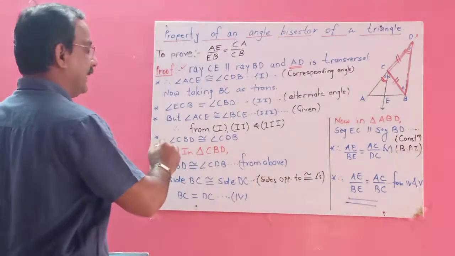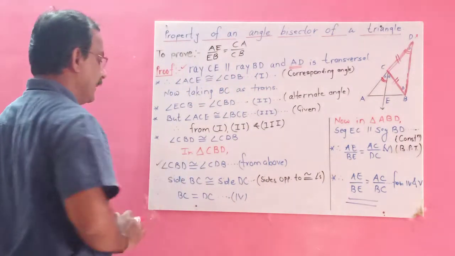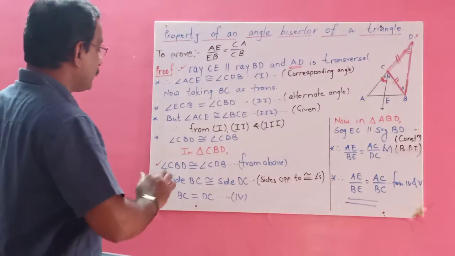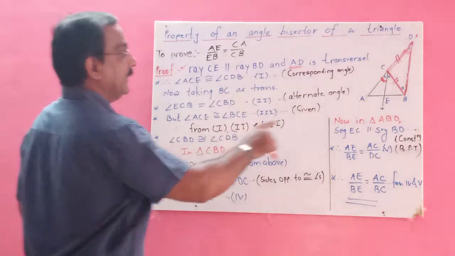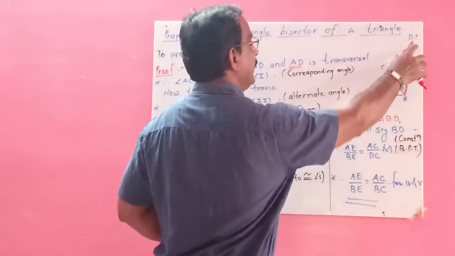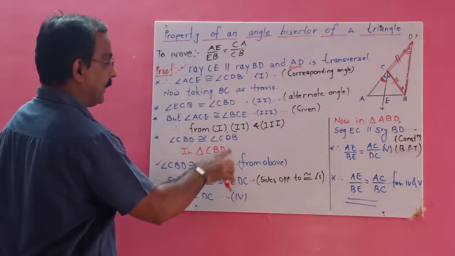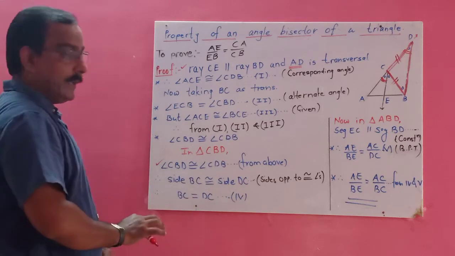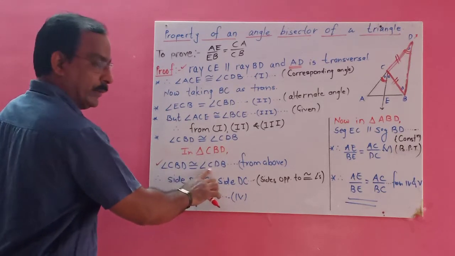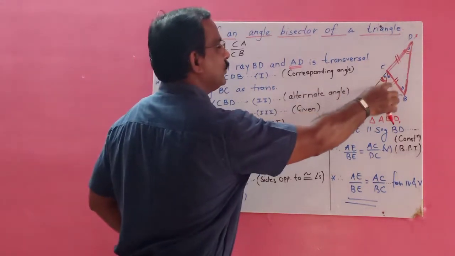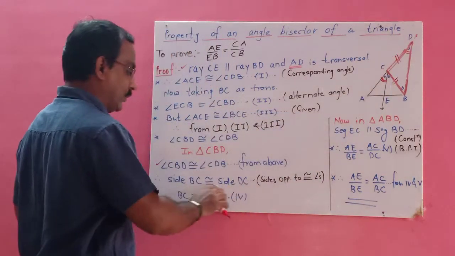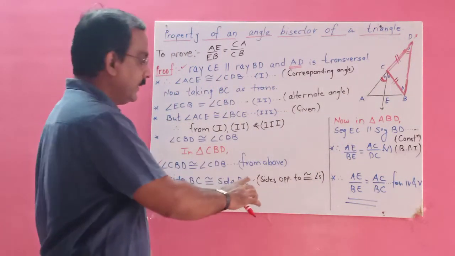Same thing I have written here, that is in triangle CBD, these two angles are written. See, I have copied this from above. And because of these two angles being congruent, I said that these two sides are also congruent. What is the reason?